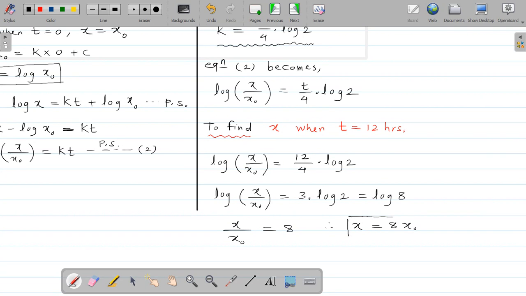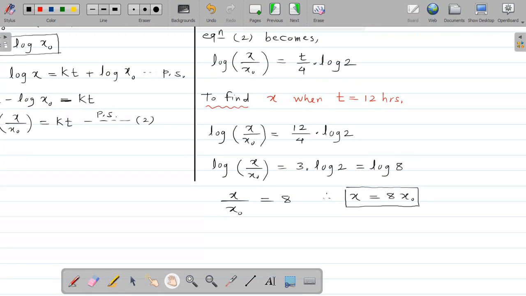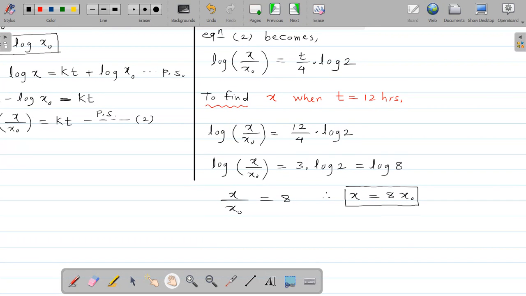So by this mathematical relation between x and x0, x0 is considered as the initial number of bacteria present, and after 12 hours the value of x is 8 times x0. So as an answer, how will you write this relation, that x is equal to 8 into x0?